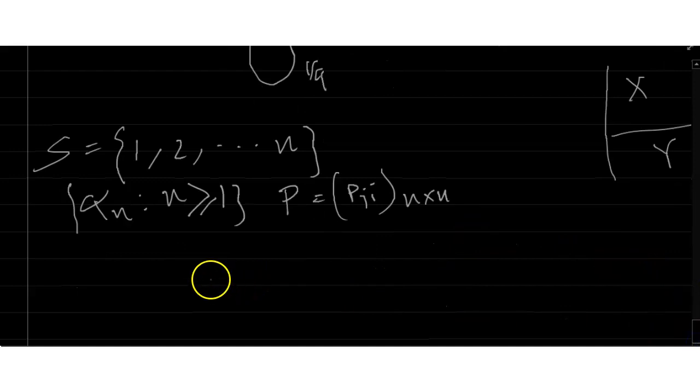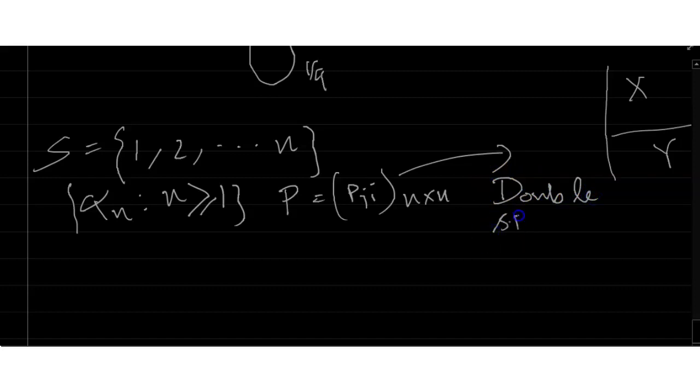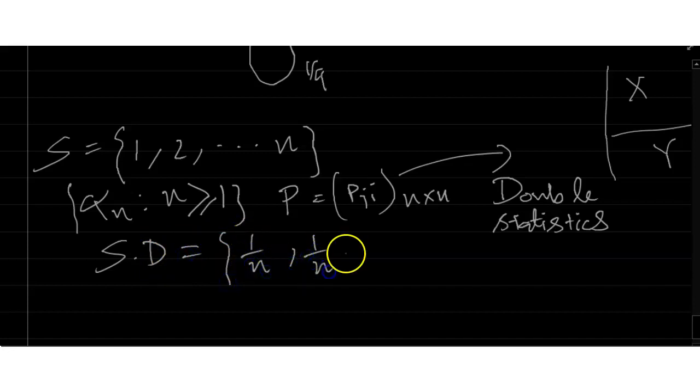When it is doubly stochastic, then SD, which means stationary distribution, equals to 1 by n, 1 by n, 1 by n, up to n. This is the result.